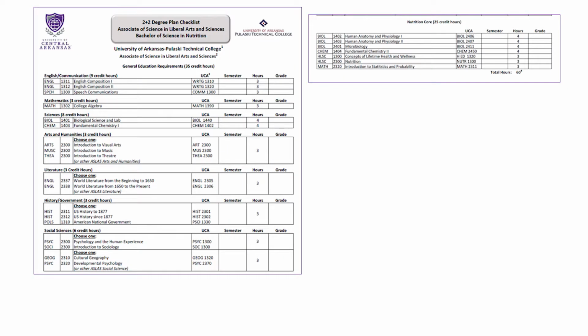So I just wanted to explain, when we have these 2+2s, this is what they do. They're intended to match up directly with our degree plans, to cut out the extra, and to tell a student and an advisor exactly what that student needs on their degree plan to transfer to the other institution.